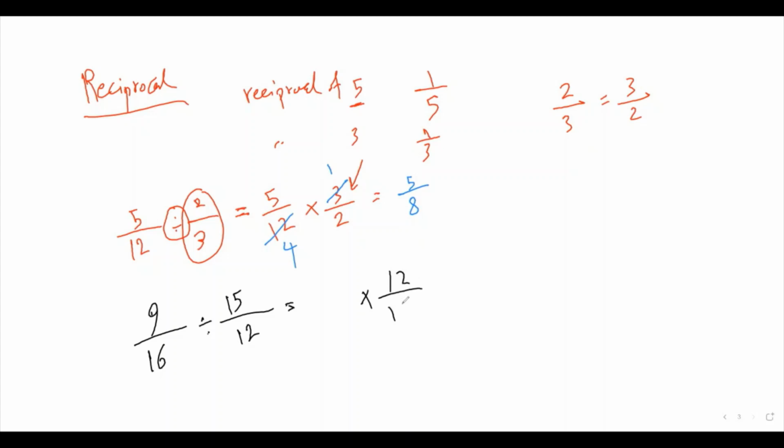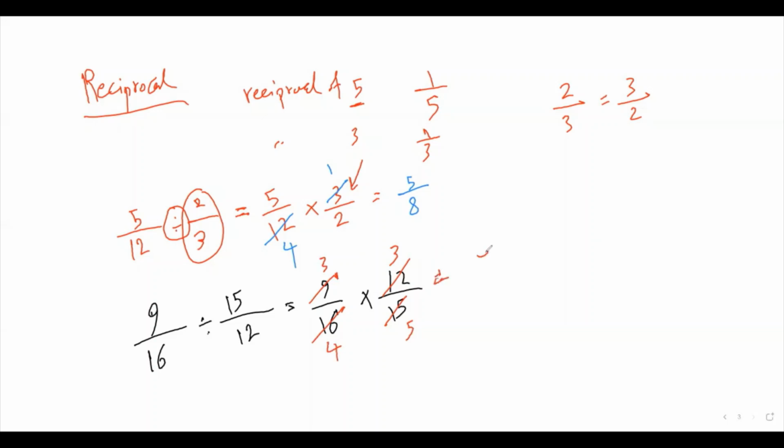So 15/12 times 9/16. Then the 3 here is gone, and from 15 you're left with 5. And 4 is the HCF of 12 and 16, basically the largest number that both can be divided by. 12 divided by 4, you're left with 3. 16 divided by 4, you're left with 4.